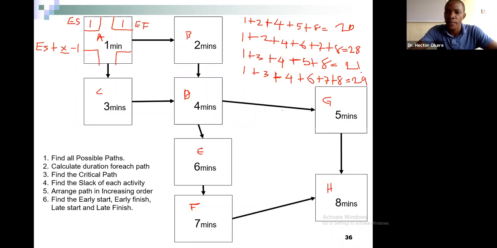So you see, 29 here is obviously our critical path.